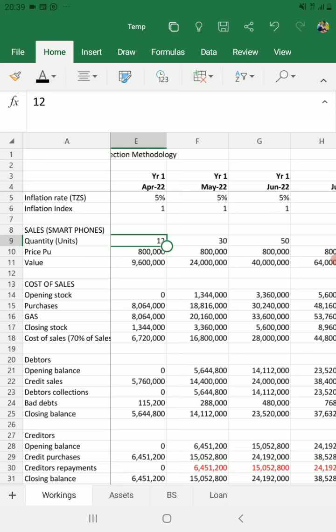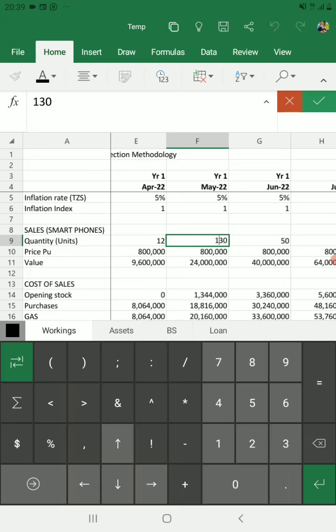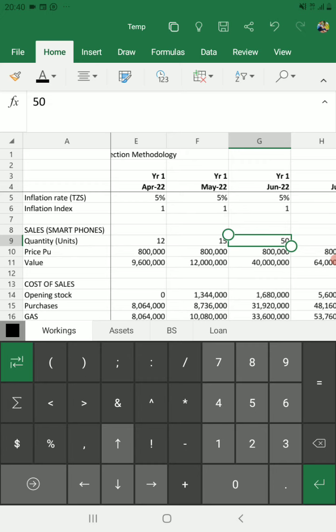In May, maybe instead of saying 30, let's say it is 15. And also this one. So say it's 15, and here instead of 50 in June, let's say it is 30.